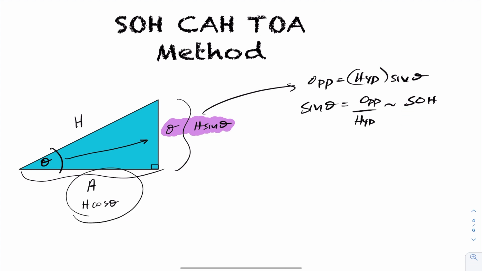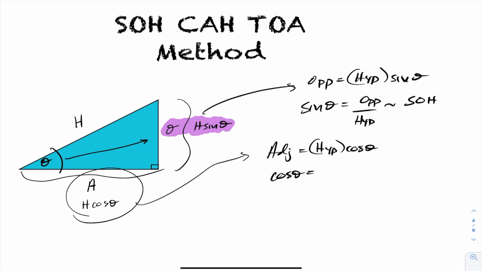Likewise, I can equate these two values here, in which case we get my adjacent is going to equal my hypotenuse times the cos of theta. So now my cos of theta is going to be adjacent over hypotenuse, which we can abbreviate as CAH. And notice here, the cos of your angle is going to equal adjacent over hypotenuse.